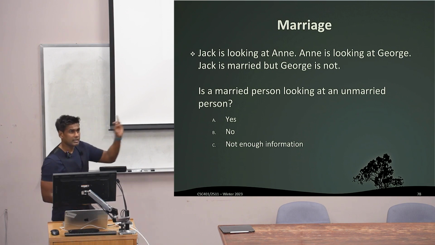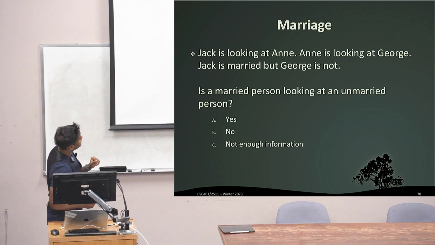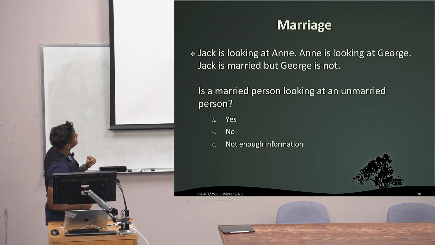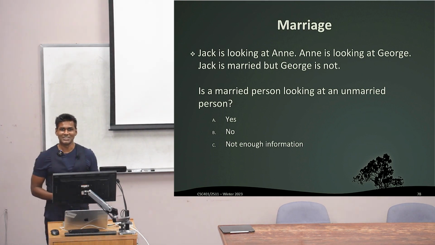So Anne can be either married or unmarried. So if Anne is married, Anne is looking at George, a married person is looking at an unmarried person, so the answer becomes yes. If Anne is unmarried, then Jack is married. A married person is looking at an unmarried person. So the right answer is yes.